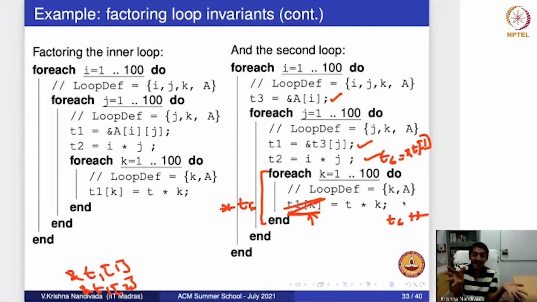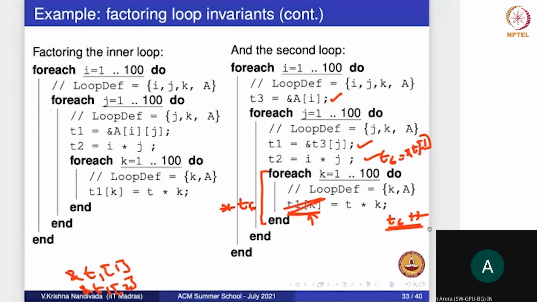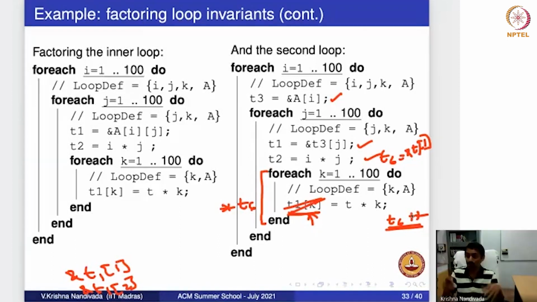From a million array index operations, it became 0. And why am I doing T6 plus plus here? Can someone explain? To access the next address, exactly, so that I can go to the next pointer, right?